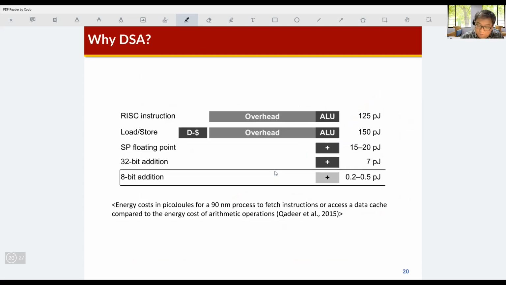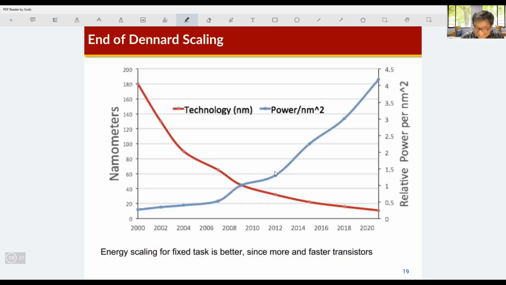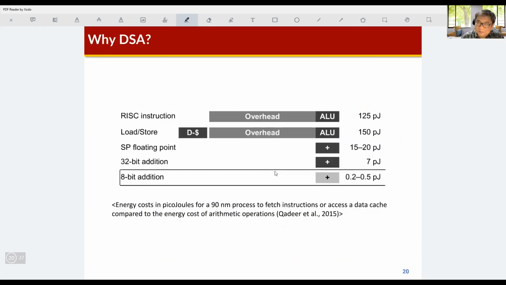So what is the problem? Technology is saturating. Moore's law is ending. Dennard scaling has already ended. That means the computer processor will consume more power, but it's very hard to increase the performance of a processor.